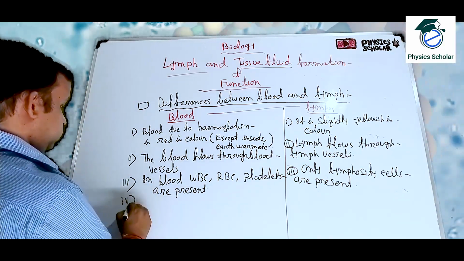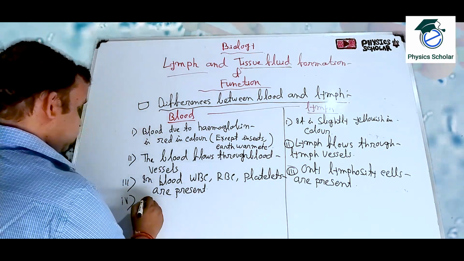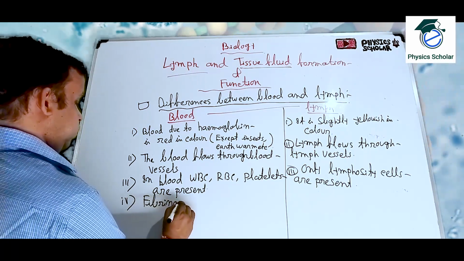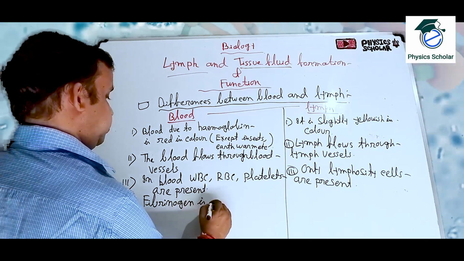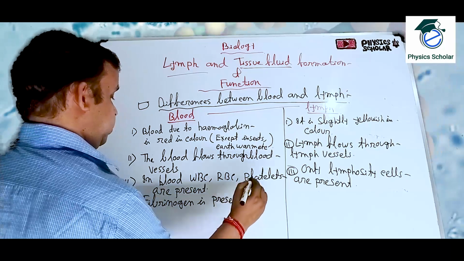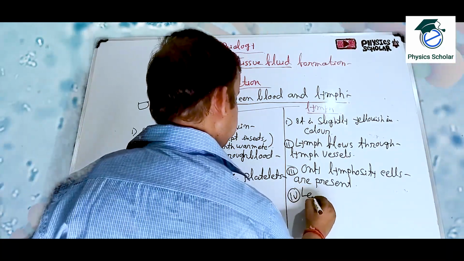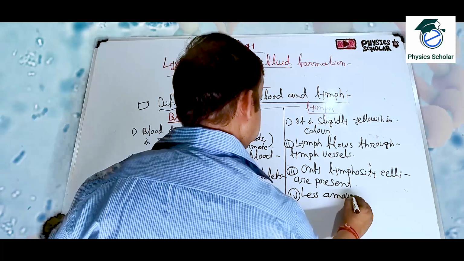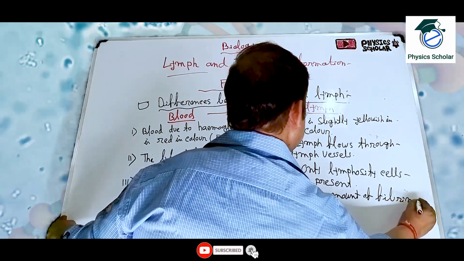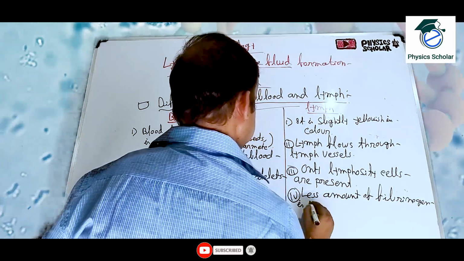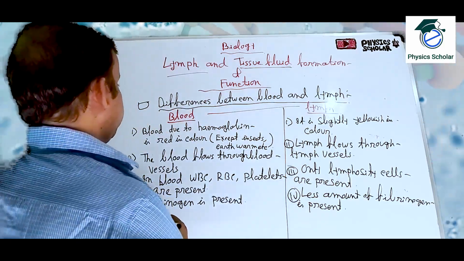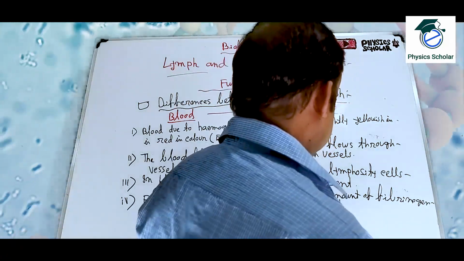So next, fibrinogen is present here. Less amount of fibrinogen is present in lymph. Clear?